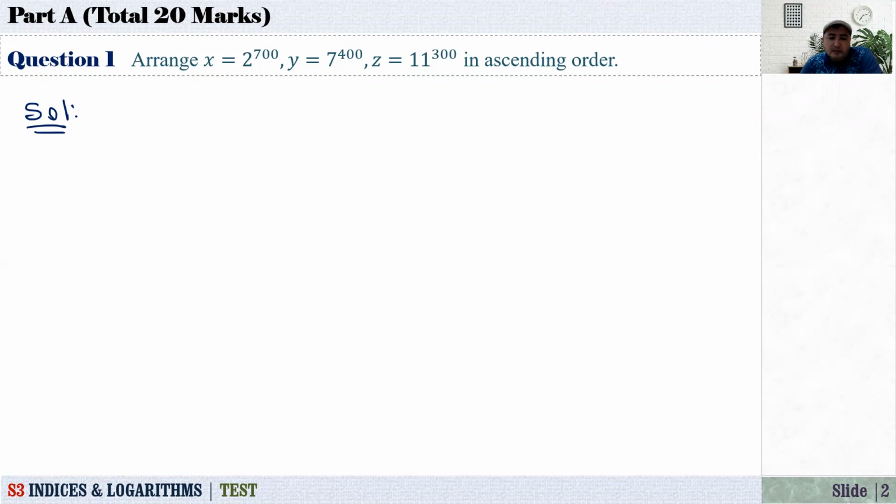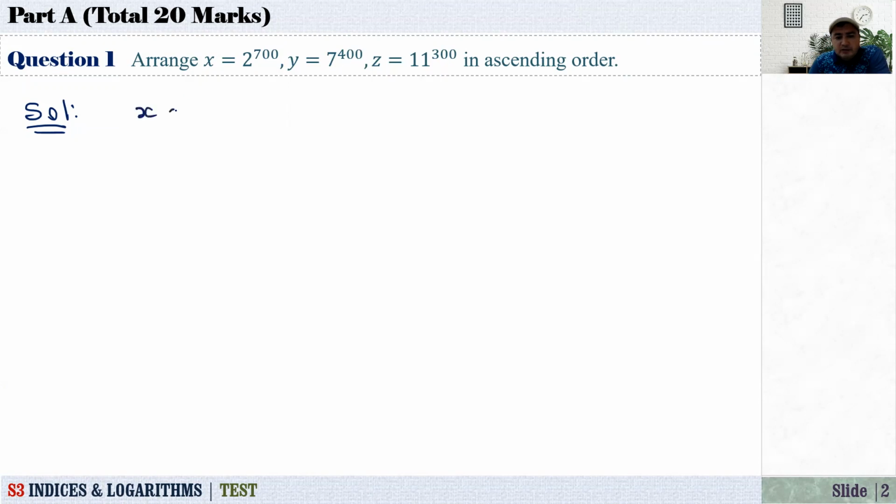Or bring them into the same powers, then compare their bases. Here the powers are 700, 400, 300, and all of these are divisible by 100. The highest common factor of 700, 400 and 300 is 100.